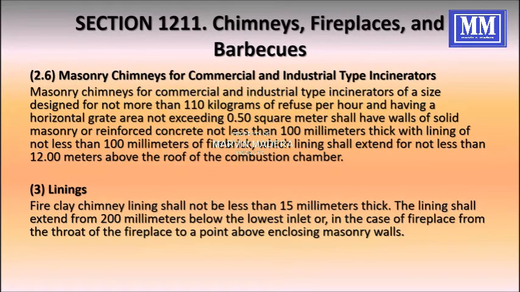Fire clay chimney lining shall not be less than 15 millimeters thick. The lining shall extend from 200 millimeters below the lowest inlet or, in the case of a fireplace, from the throat of the fireplace to the point above enclosing masonry walls.